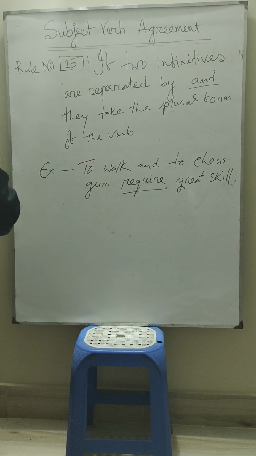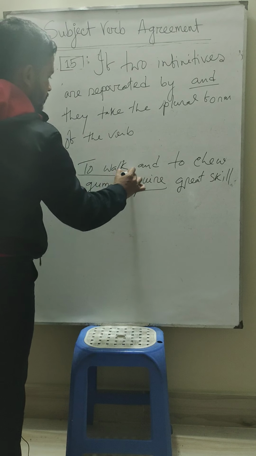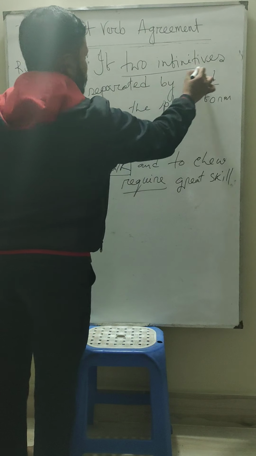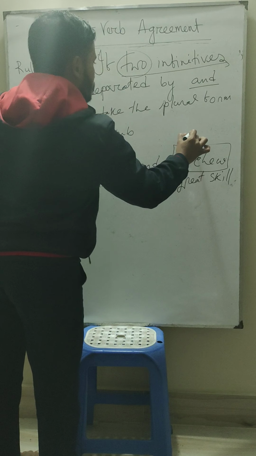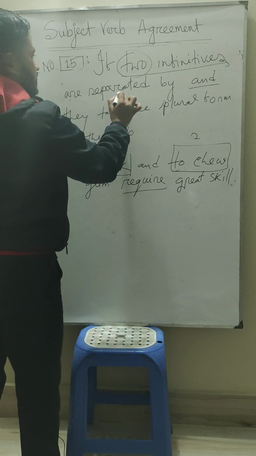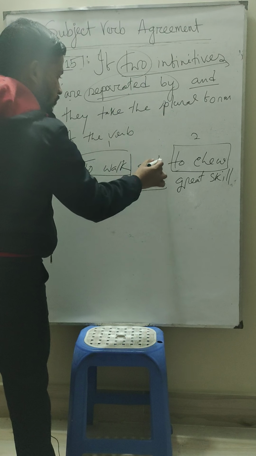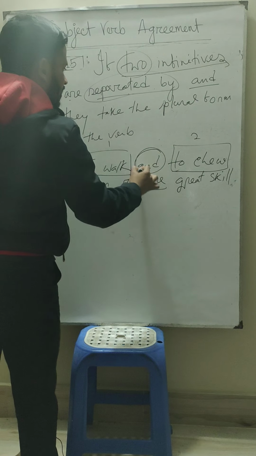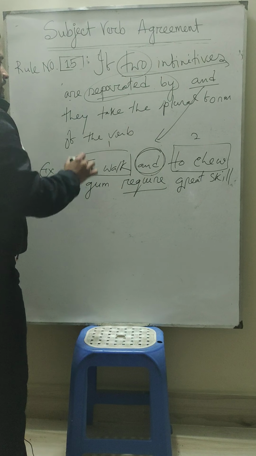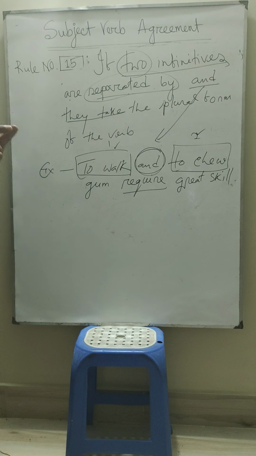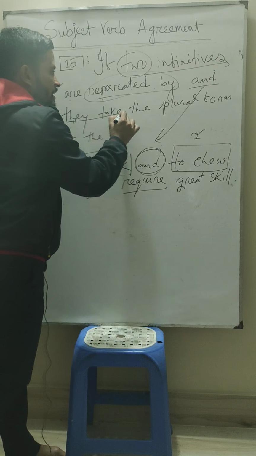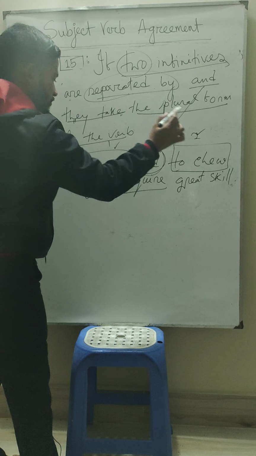Here is another rule: if two infinitives. So what is an infinitive? We know an infinitive means to plus verb. How many infinitives? Two infinitives, one, two. If two infinitives are separated by and, that is one infinitive and another infinitive, the total is two, and they take the plural form of the verb.